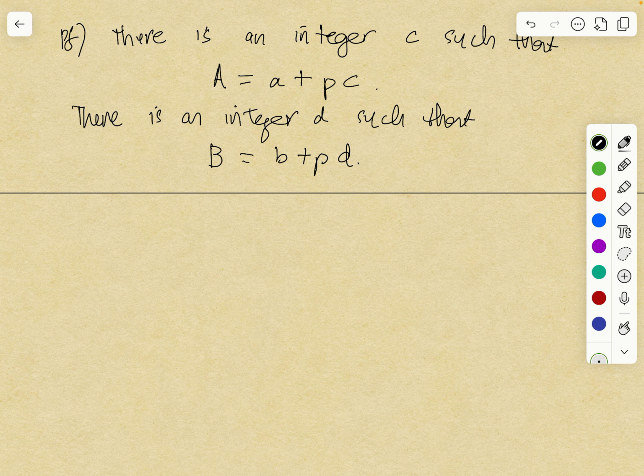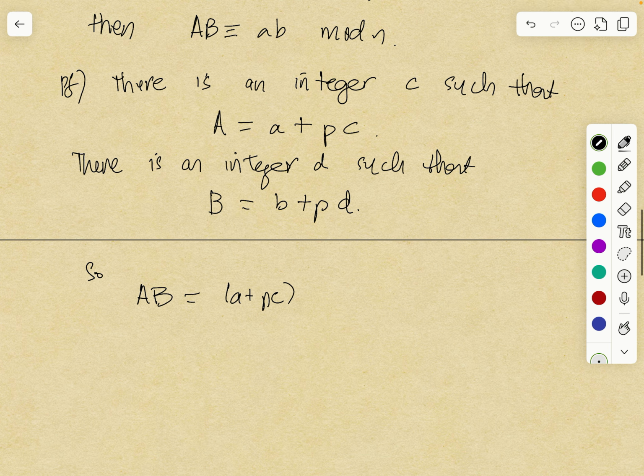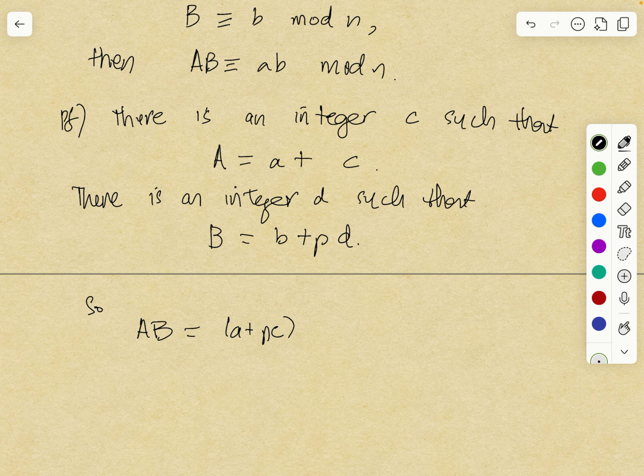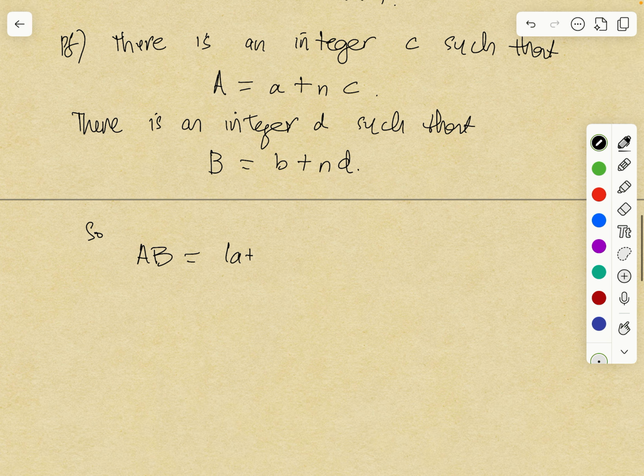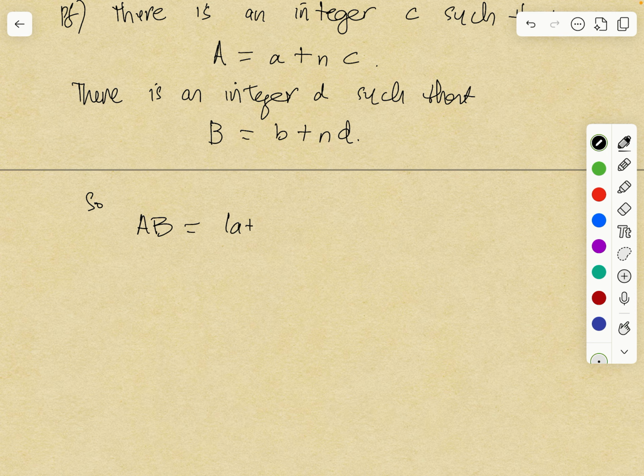When we calculate capital A times capital B, that's little a plus cn. Oh, sorry, these should be n's. I was thinking of mod p, but this should be n. So this is little a plus cn times little b plus dn.